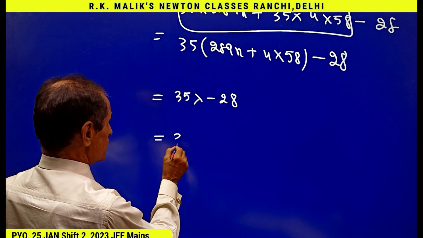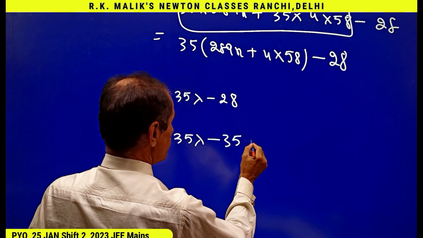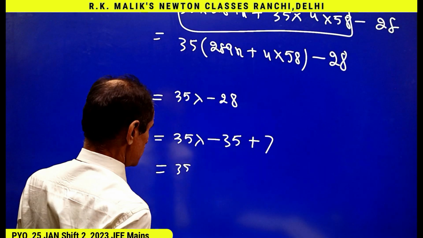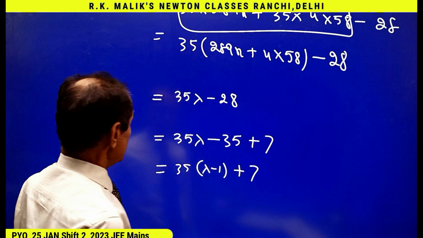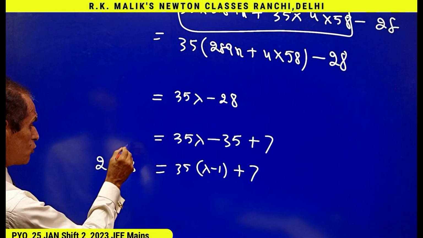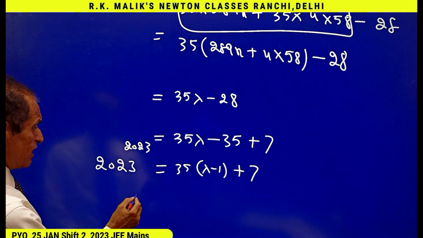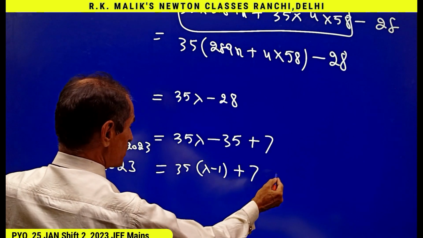I further proceed in this way: 35 lambda minus 35 plus 7, that is 35 into lambda minus 1 plus 7. Hence I have got 2023 to the power 2023 in this form. That is, I can say when this is divided by 35, remainder will be 7.